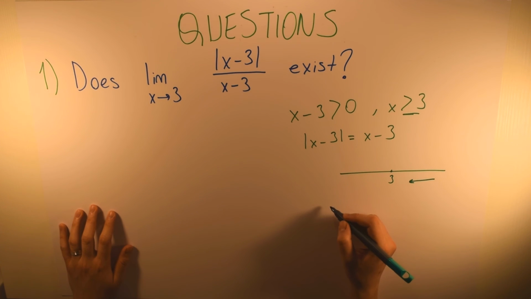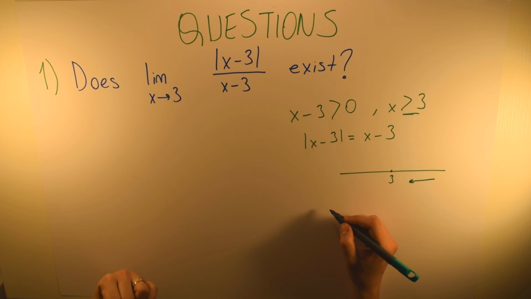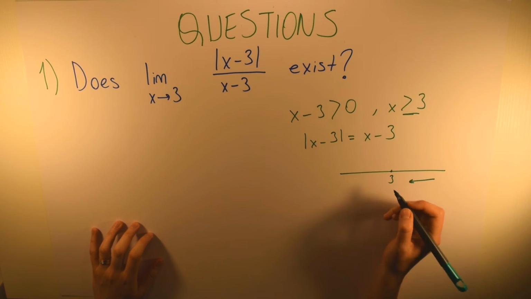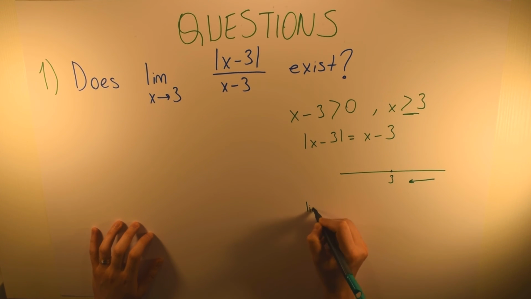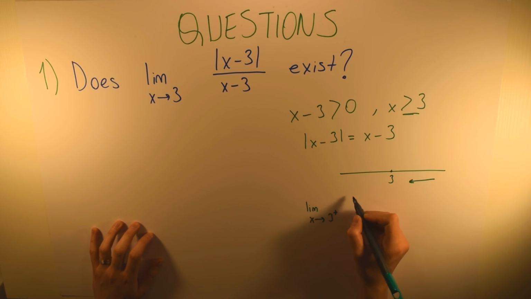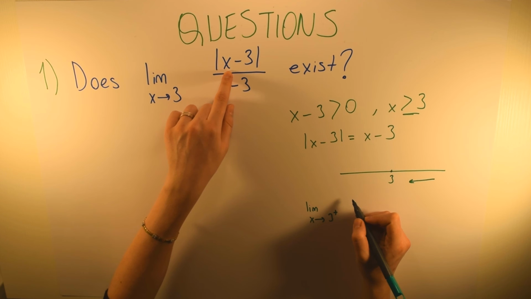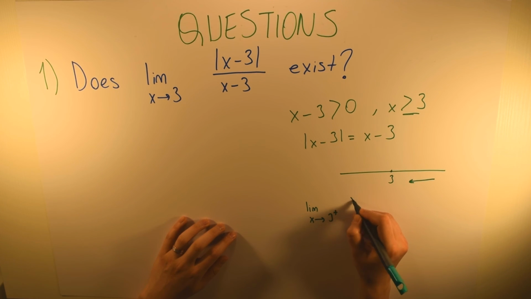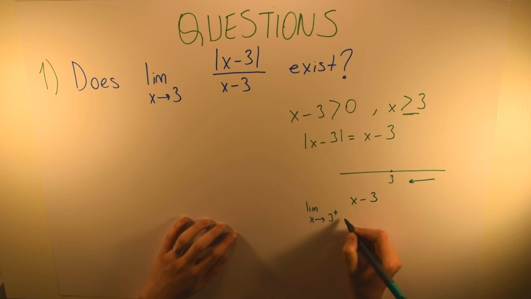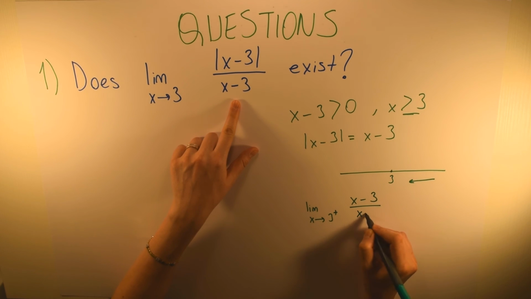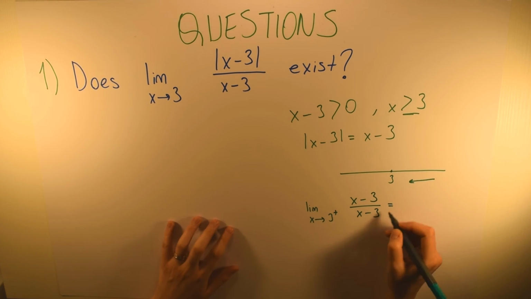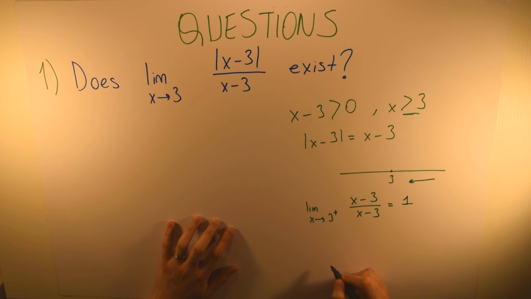For our right-hand limit, we have the limit as x approaches 3 from the right. The absolute value goes out as x minus 3 over x minus 3, so this is equal to 1.